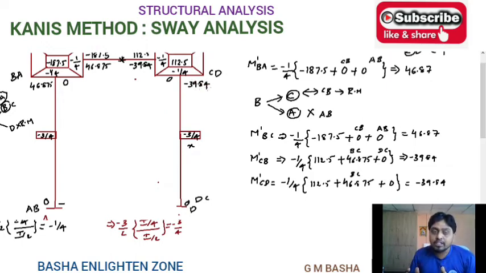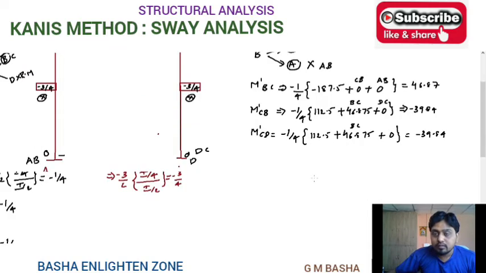After finding these rotation moments, your next step is to find the displacement factors both at AB and DC. See here, for story 1, displacement contributions means displacement moments.